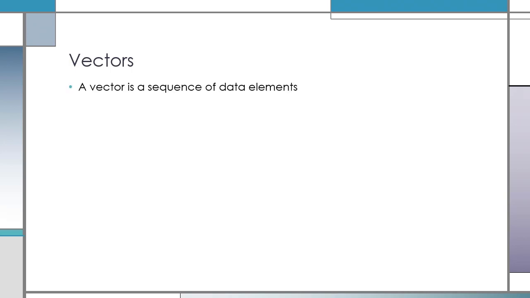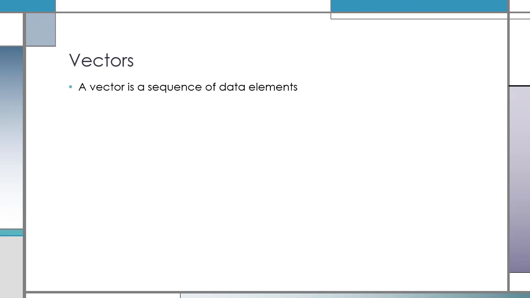A vector is a sequence of data elements. Now, if you think about that a moment, and then if you think about statistics, in which you calculate statistics based upon what? Sequences of data. You can already start to see the connection between R and statistics.